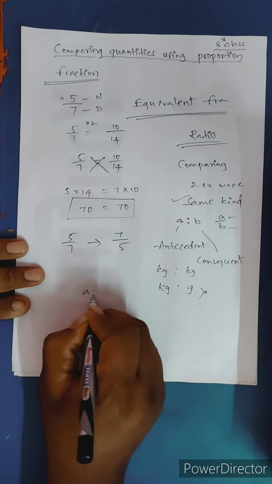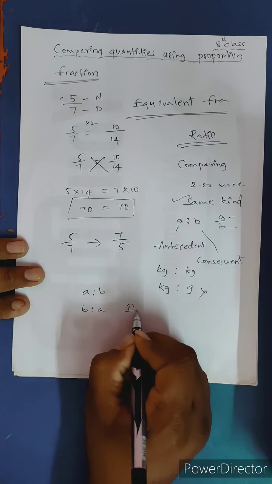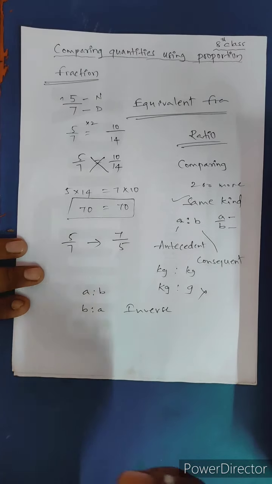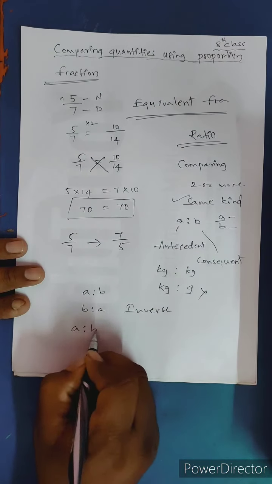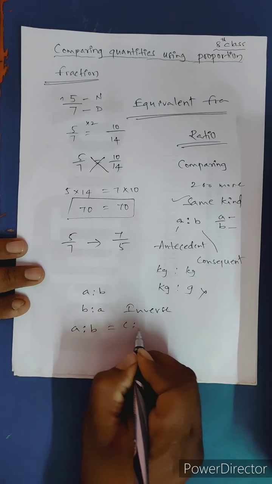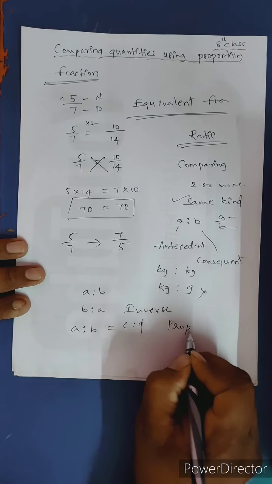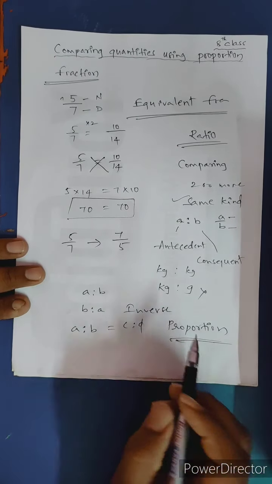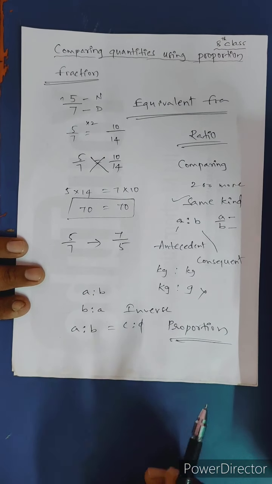If A is to B is a ratio, then B is to A is called the inverse ratio. Now, another point: equivalent fractions, like equivalent ratios. Equality of two ratios is called proportion. In fractions, to check whether two fractions are equivalent or not, what did we do?